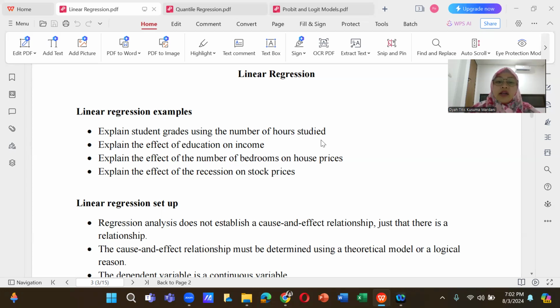Then the effect of education on income: education is the independent variable, and income is the dependent variable. And the effect of the number of bedrooms on house prices: the number of bedrooms is the independent variable, while house price is the dependent variable. And the last, the effect of recession on stock price: here, recession is the independent variable, and stock price is the dependent variable.